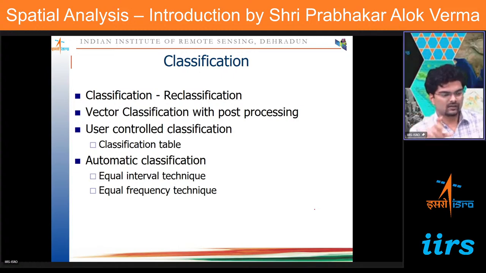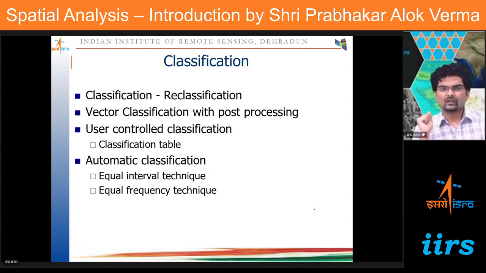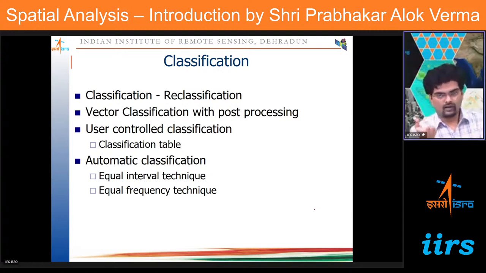There is another classification method, equal frequency classification method. In this case, number of pixels in each class are the same. So classes are made in such a way that each class will have same number of pixels.